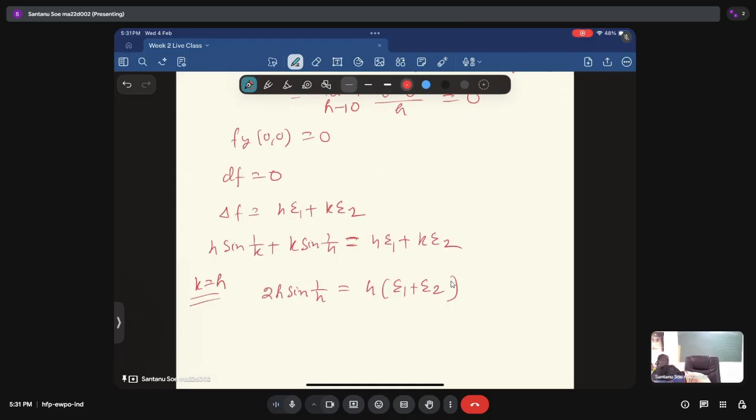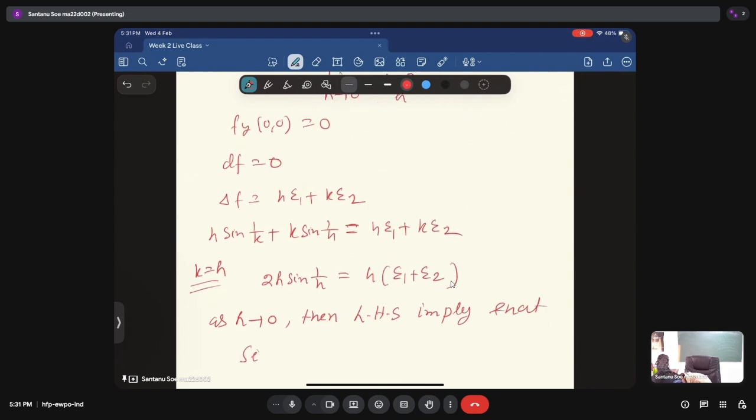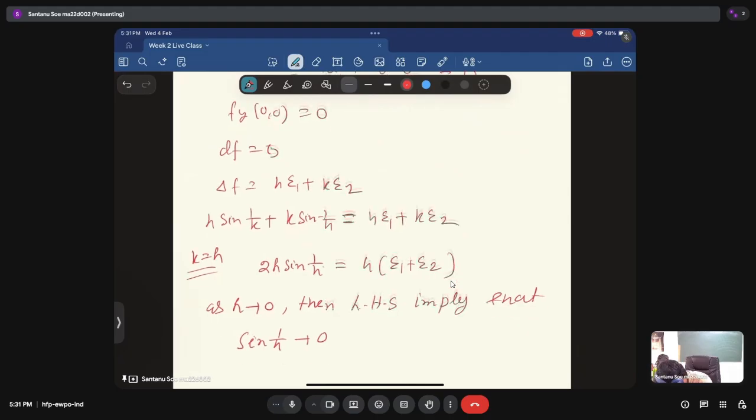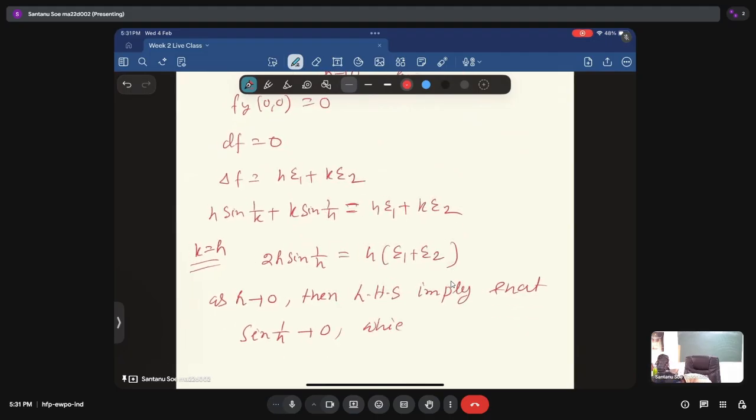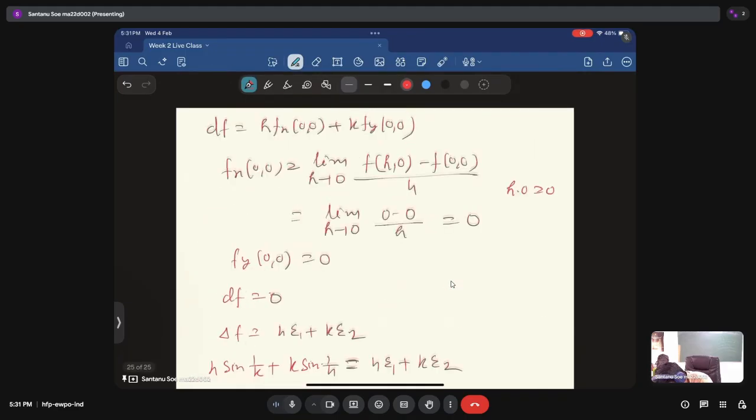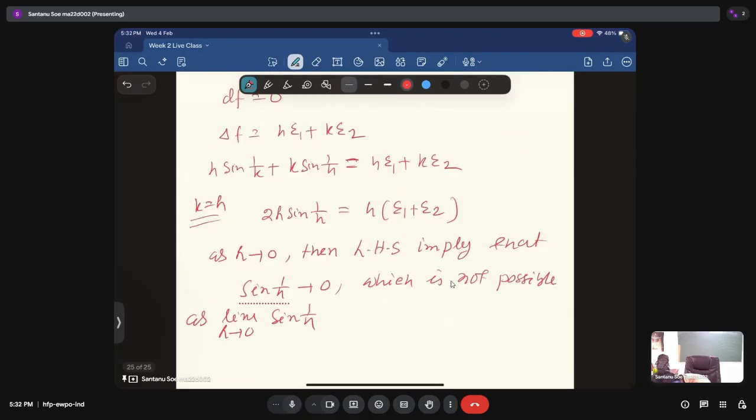Okay, so then as h tends to 0, the LHS implies that sin(1/h) tends to 0, which is not possible, as the limit as h tends to 0 of sin(1/h) does not exist.